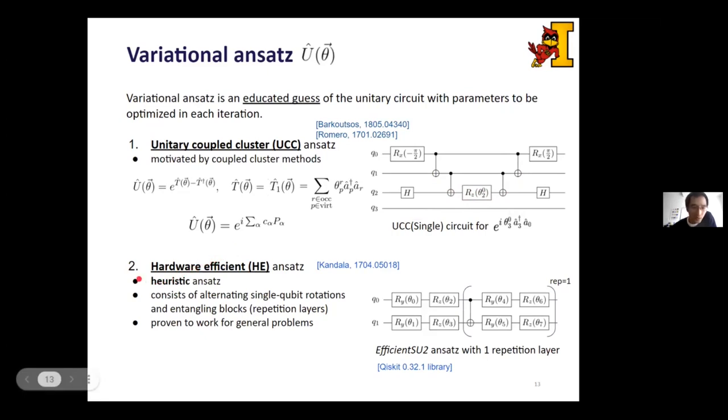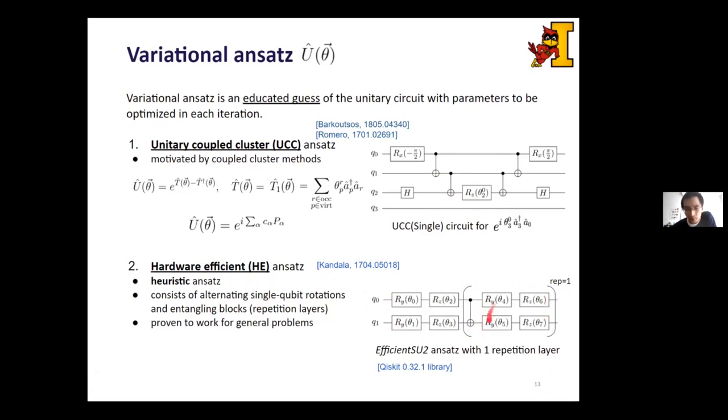On the other hand, we also look at the hardware-efficient ansatz. It's an ansatz newly proposed back in 2014. It's a heuristic ansatz, so it basically consists of alternating layers of single-qubit rotations and entangling blocks. As you can see here on two qubits, you have the initial rotations here, and you have the entanglement here using the control X. So this will be a very simple entanglement.